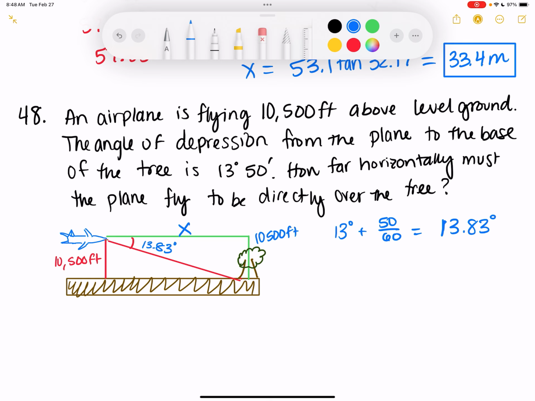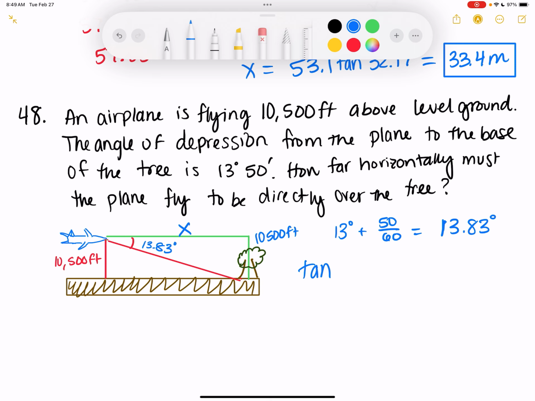So now I have an angle, I have this side, and I'm trying to solve for this side. So what might I need to use? Cosine or... okay, I don't have a hypotenuse value, so it'd be tangent. And you're going to find that probably 90% of the time when you're doing trig word problems, you're going to use tangent, unless on the off chance it wants to know this value, which is pretty rare.